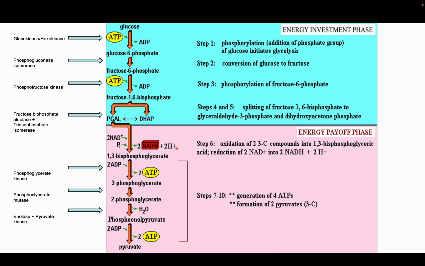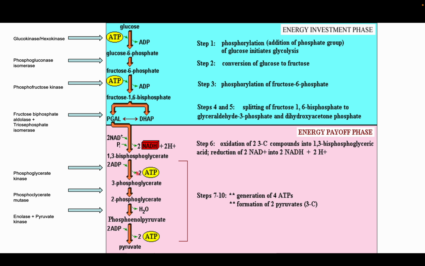So what happens? 1,3-bisphosphoglycerate is now in a way dephosphorylated because its phosphate groups are donated to two ADP molecules. So remember, there are two molecules. That's why think of these steps 7 to 10 as happening in two molecules.